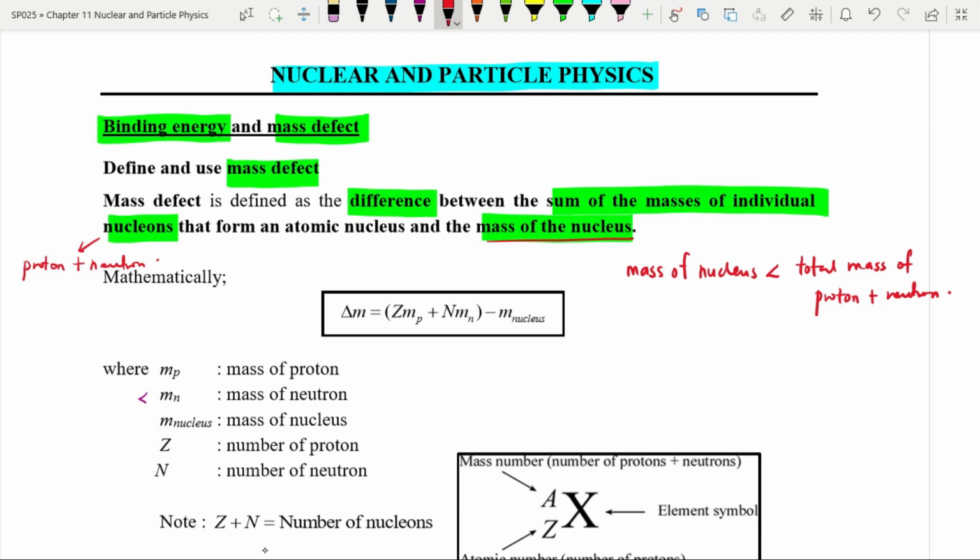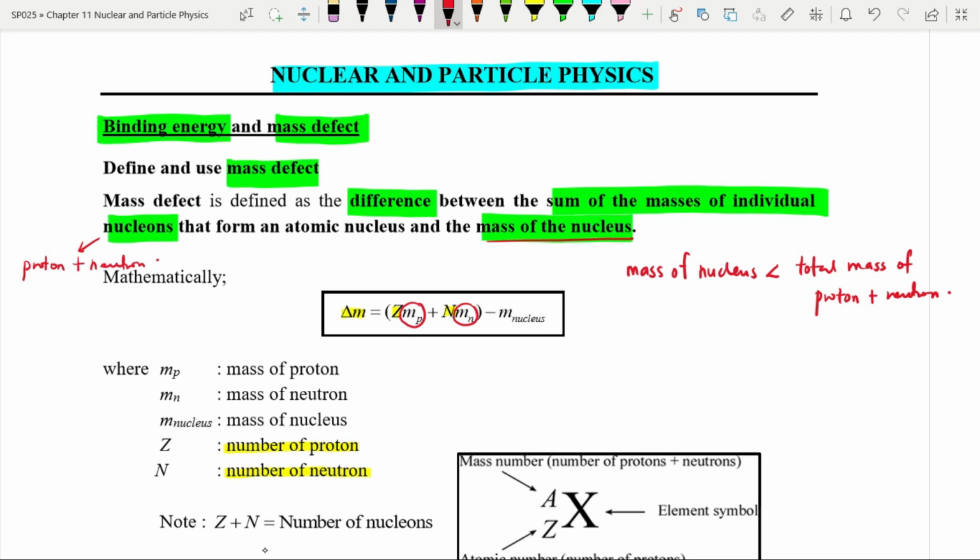There is a mathematical expression that defines this mass defect. First, mass defect is represented by the symbol delta M. Z represents the number of protons, and N represents the number of neutrons. We multiply the number of protons and neutrons by the mass of the proton and the mass of the neutron individually, and then total these individual nucleons.